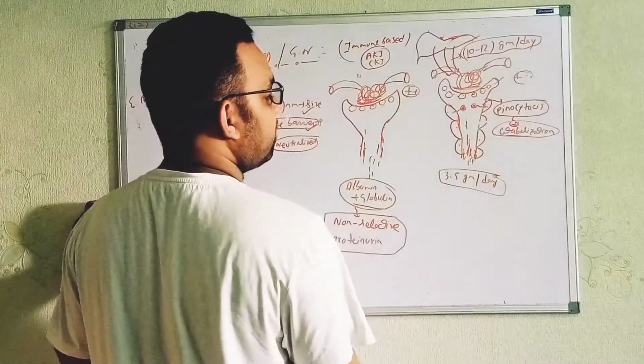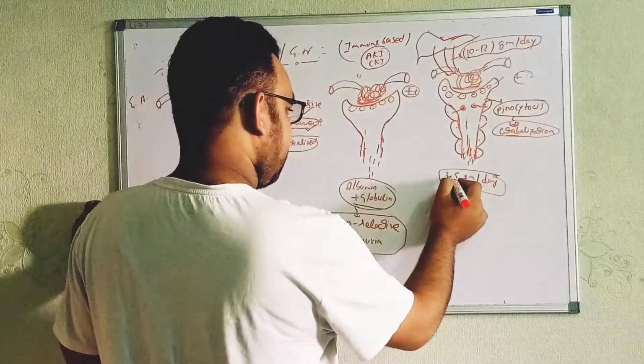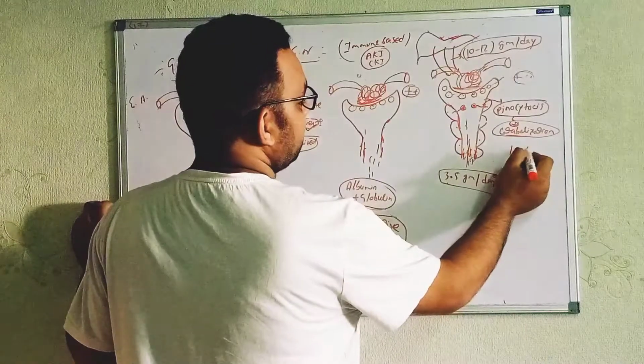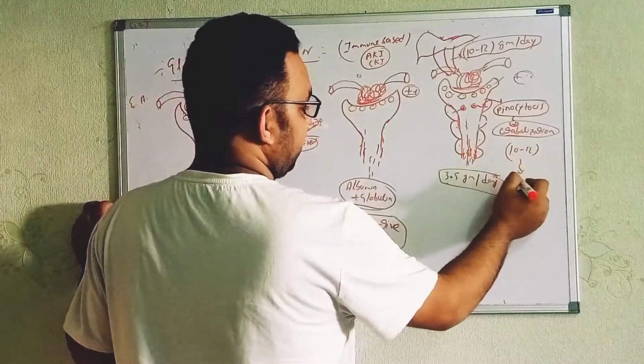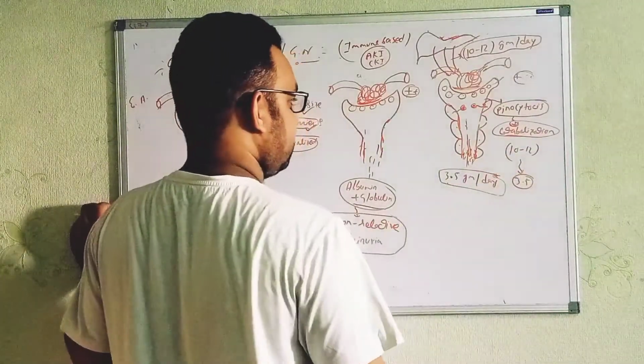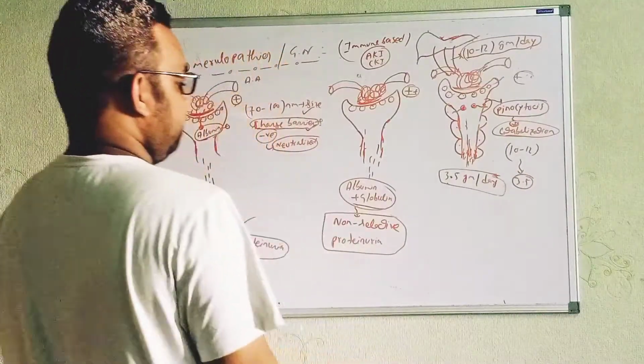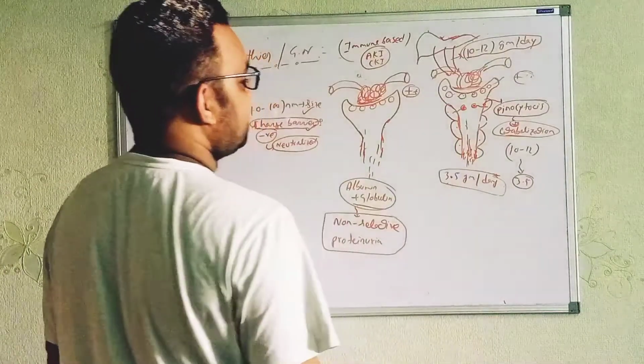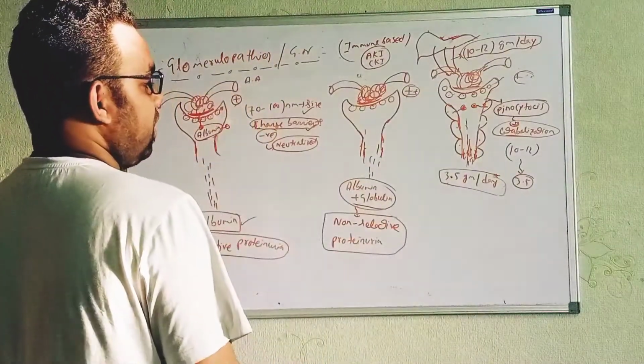There will be no use of the proteins. So out of 10 to 12, only 3.5 gram is coming within the urine. The rest will be taken up by the proximal convoluted tubular epithelial cells, by the process of pinocytosis.